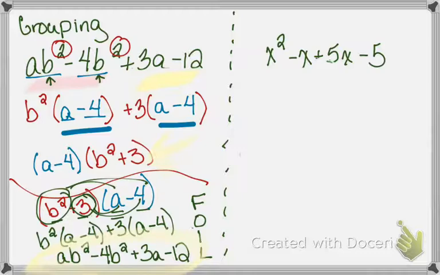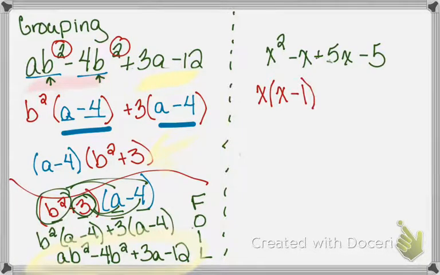So what do we pull out of the first two? Good. It's not a negative x, no. It's just x. Okay, you want to keep that first x positive as much as you can. Okay, x times what gives me x squared? X times what gives me -x? Excellent.